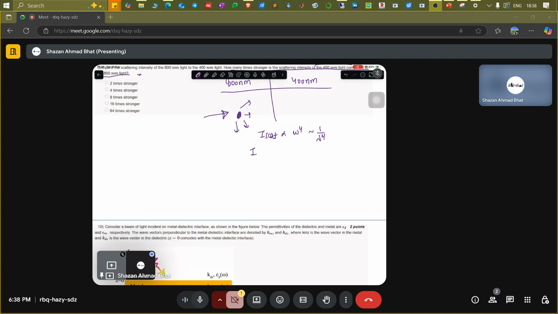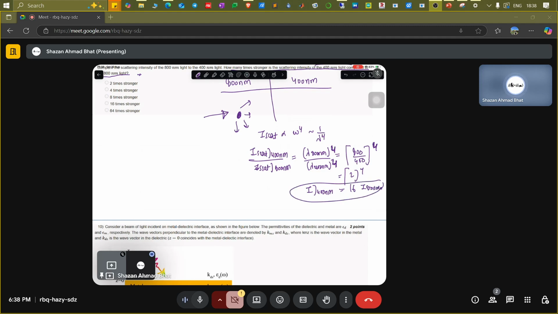So the scattered intensity for 400 nanometer divided by the scattered intensity for 800 nanometer is equivalent to lambda 800 nanometer divided by lambda 400 nanometer, the whole to the power 4. So it's 2 to the power 4, which is 16. That means I for 400 nanometer is 16 times I for 800 nanometer.